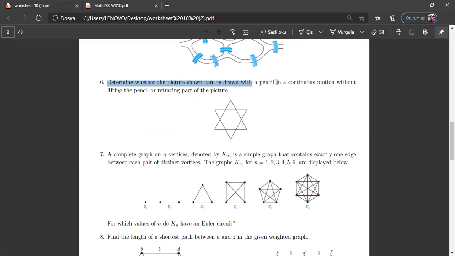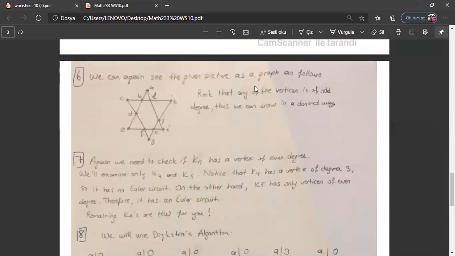Now again, a similar question. We need to check if there's another circuit or not. Each vertex, here we have A, B, C, D, each of them has even degree, so there is no vertex that has odd degree.